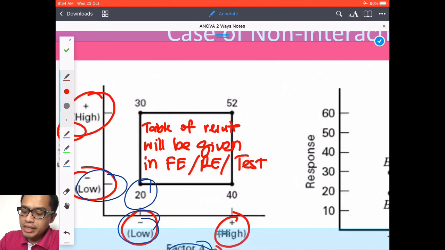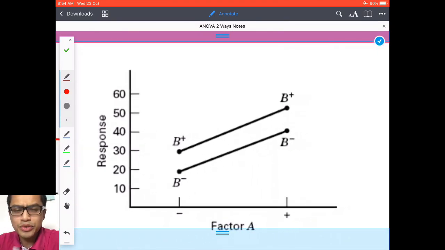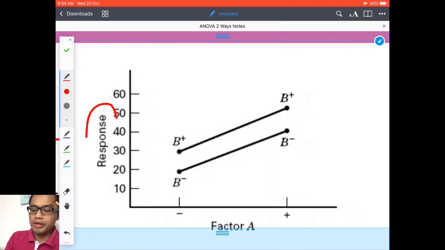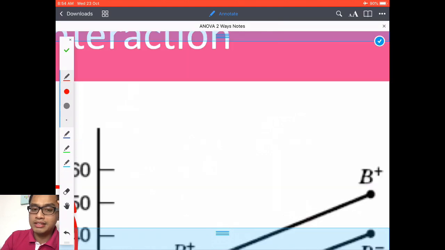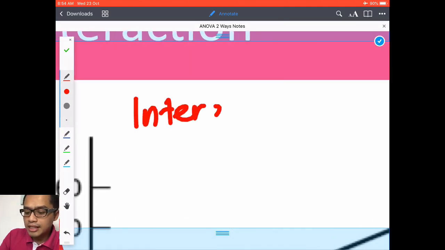So there's A and B, and of course, with two factors, we are going to see interactions. You want to see whether A and B interact with one another. Interactions are given by this graph. We call it a response graph, or I'm going to write here the one that you are familiar with, that we've discussed in class, interaction graph.